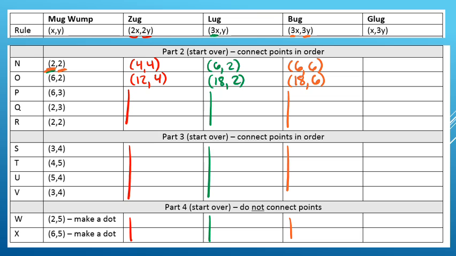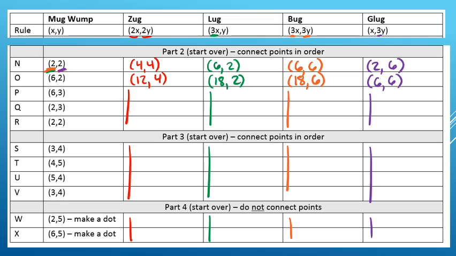And then lastly, we have Glug. Remember, for Glug you keep the same x coordinate and multiply the y coordinate by 3. So x is 2, stays at 2, 3 times 2 is 6. Next one, 6 stays the same, 2 times 3 is 6. So go ahead and fill in the rest for Glug.